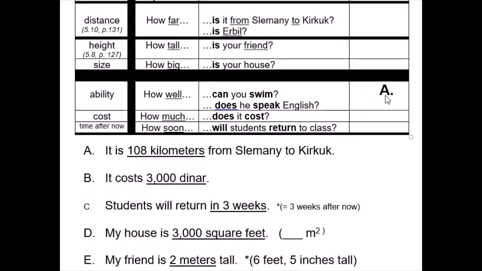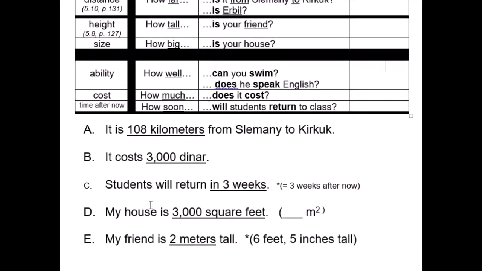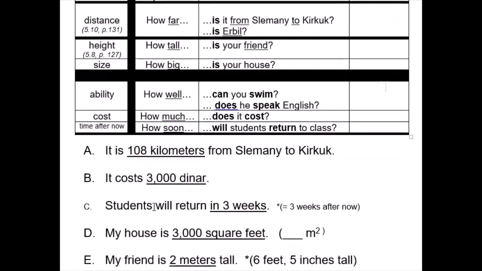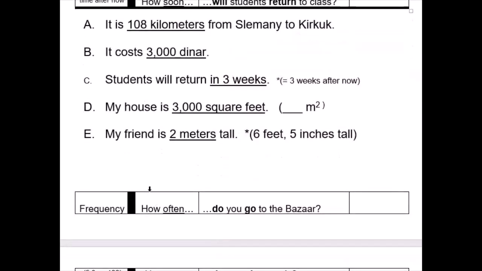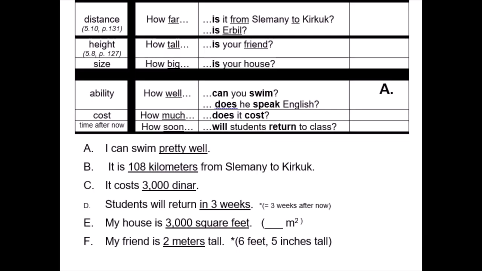Oh, I had the letters wrong, sorry. All right. Okay, fixed it. So letter A is I can swim pretty well. Okay, how well can you swim? All right, so fill in the other answers.